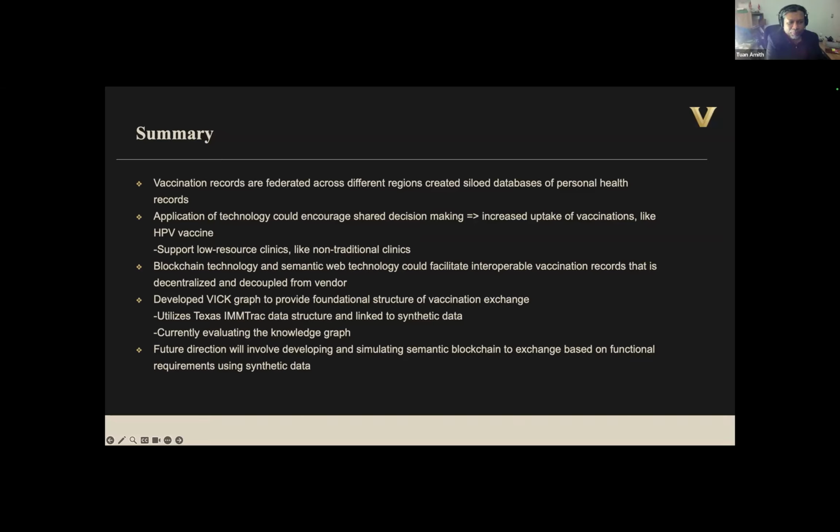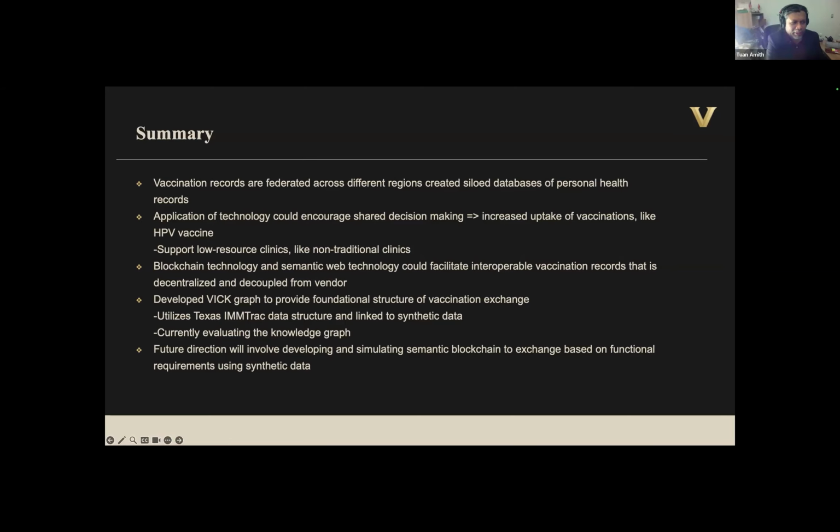Blockchain and semantic web technology could help facilitate the interoperability of the vaccination records and also provide a decentralized network that could be of benefit to low resource clinics that don't want to be coupled with a vendor. As we saw a couple of weeks ago, AWS went down and that was centralized, everyone pretty much relied on that. But within a decentralized network, if one node goes down, the system is still functioning irrespective of the other nodes.